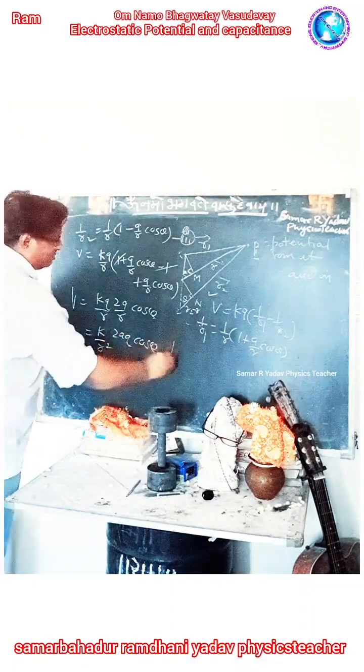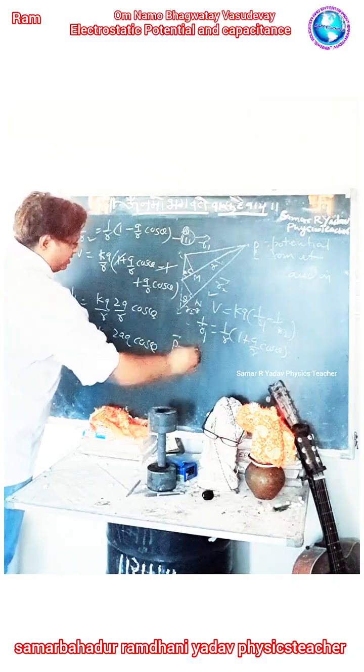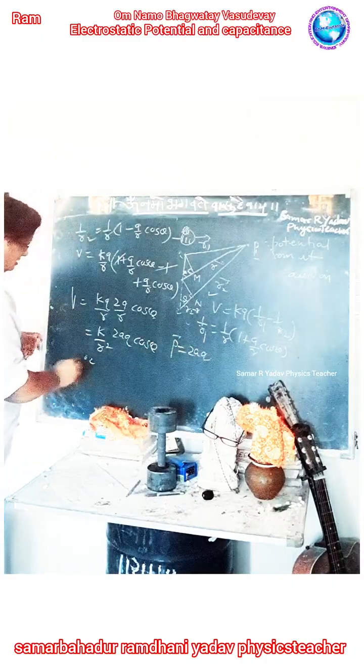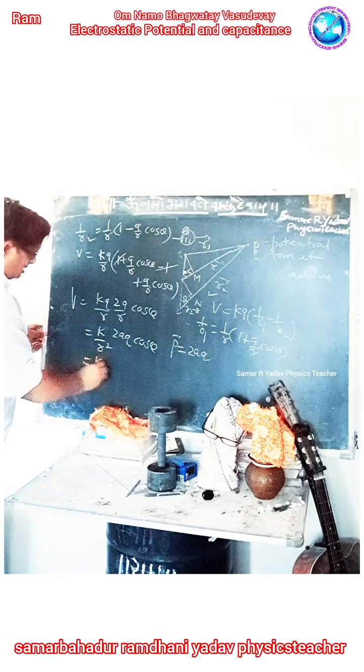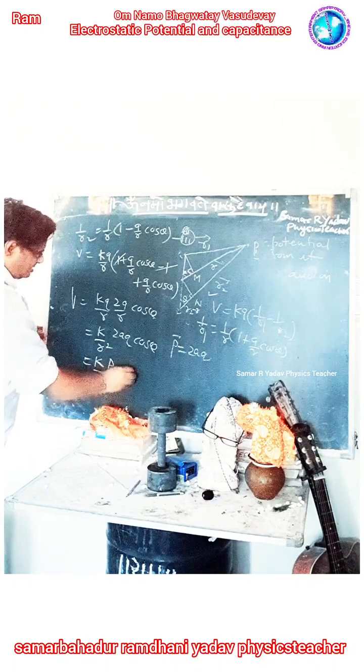Now we know that P is equal to 2AQ. So we can write this as K P upon R square into cos theta.